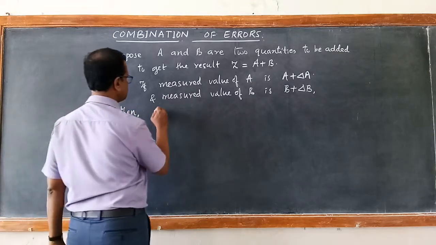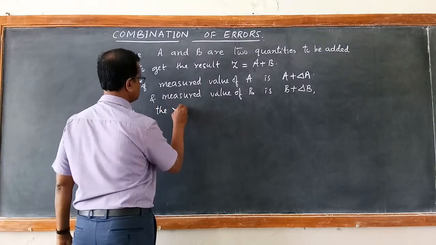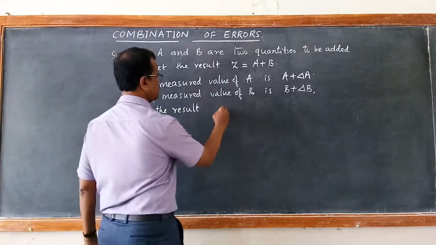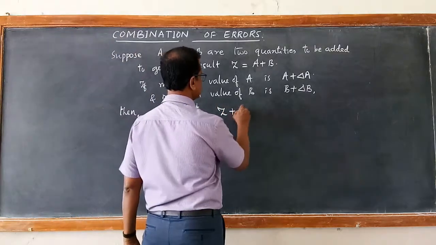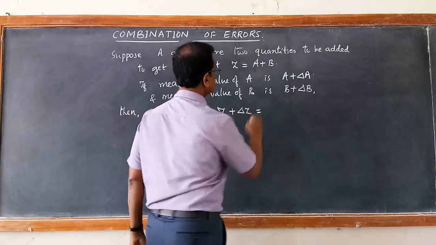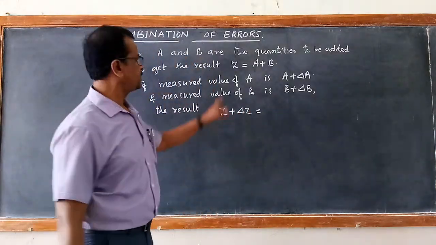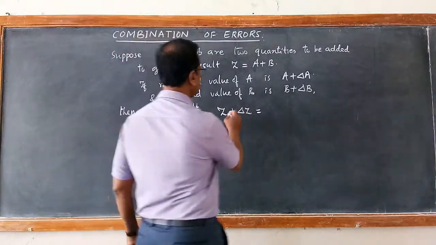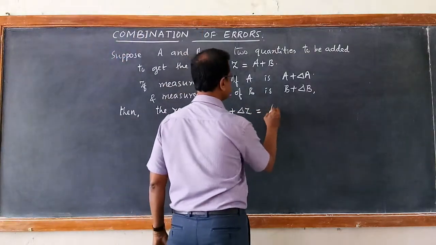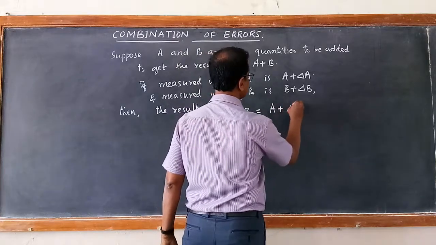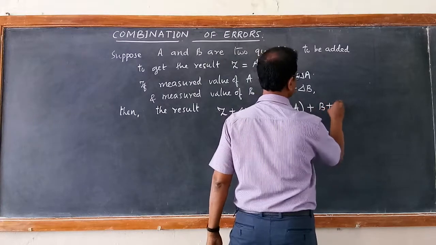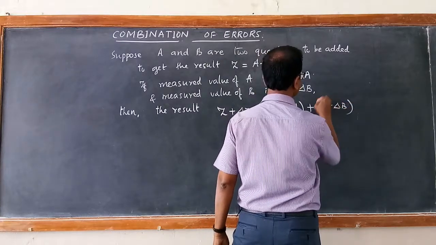The result will also have absolute error, which is given by Z plus delta Z, where delta Z is the absolute error in the result Z. Then Z plus delta Z can be written as A plus delta A plus B plus delta B.